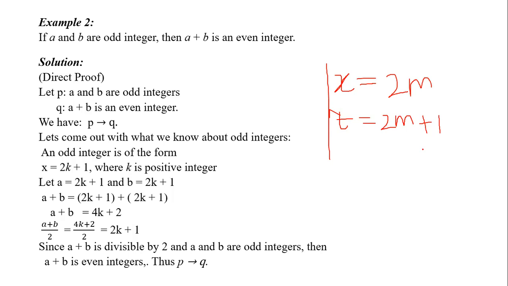So if you are saying that an even number is defined by 2m, then if you want to get an odd number, I'll just add 1 to it. Then I get 2m plus 1, where m will be any positive integer.